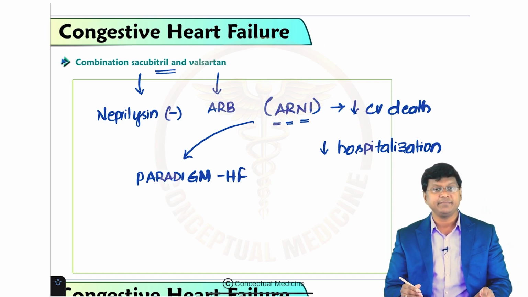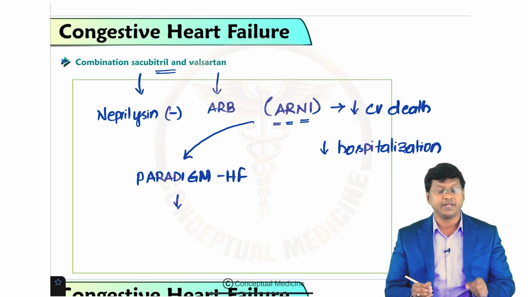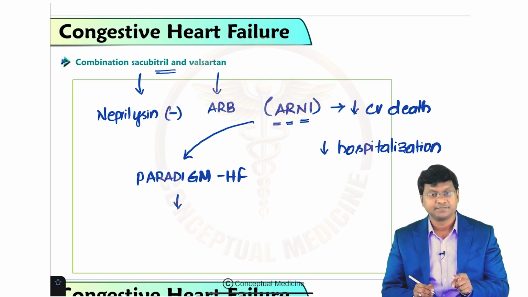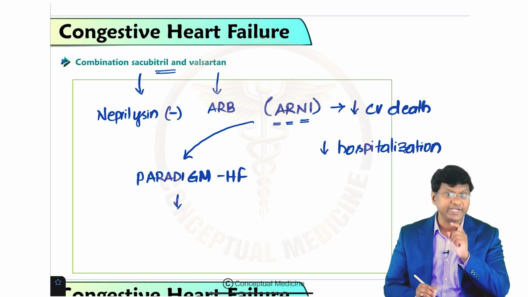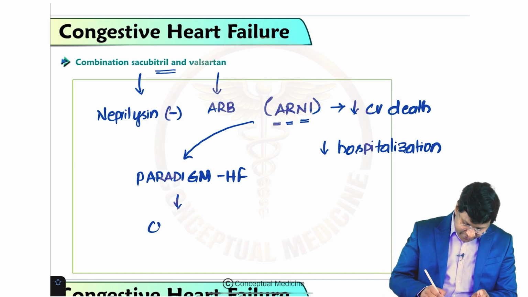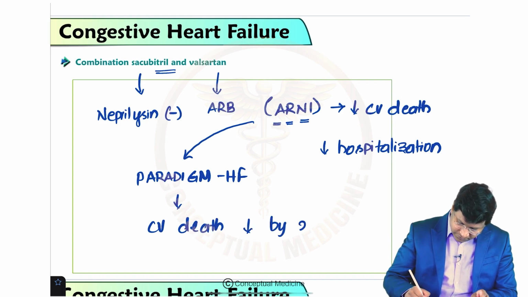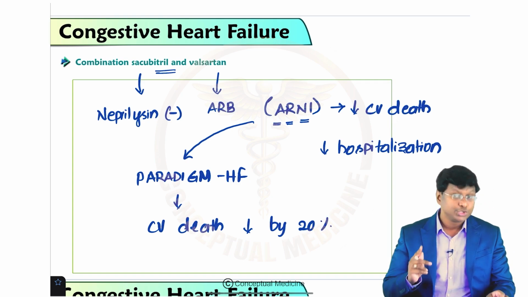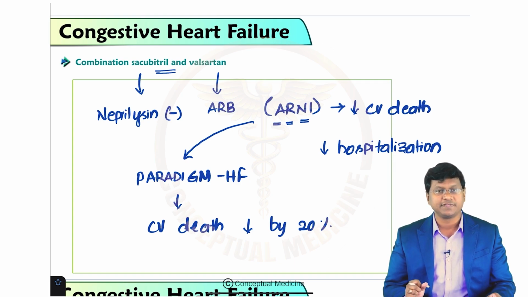According to this Paradigm HF trial, the cardiovascular death was also reduced by 20%. So that is the advantage of sacubitril and valsartan.